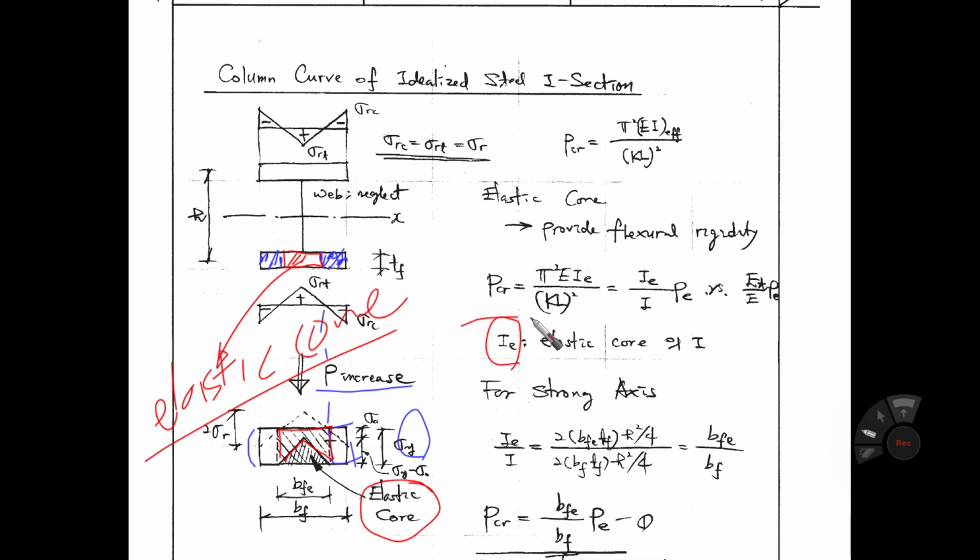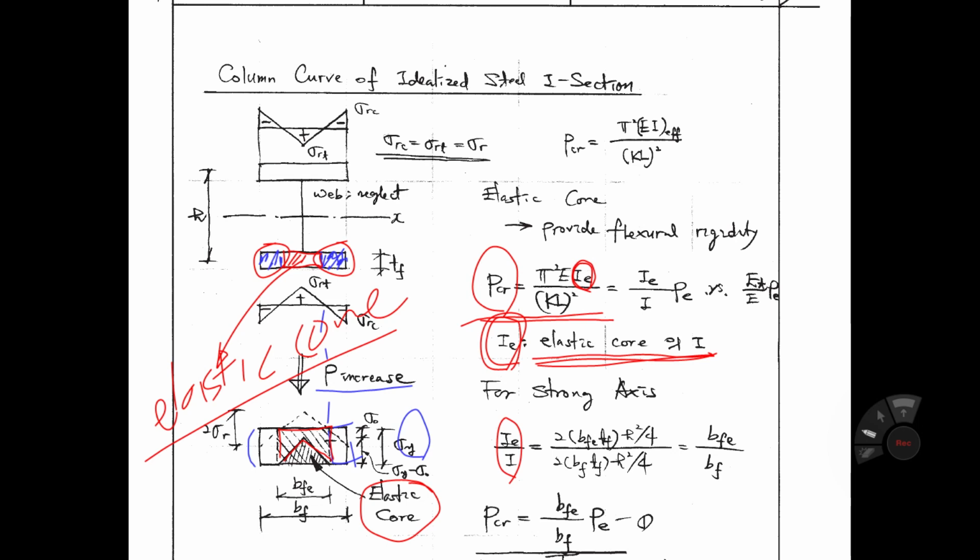In here, PCR equals pi square E IE. IE means elastic core, because this blue part does not have any flexural rigidity because it is already yielding. So in this inelastic column, PCR can be written in this form, pi square E IE. This IE is the elastic core of I. Okay, then let's calculate the ratio of IE over I.